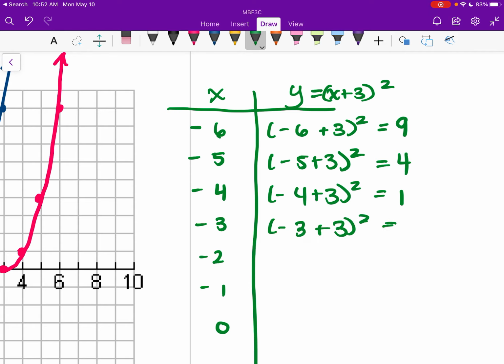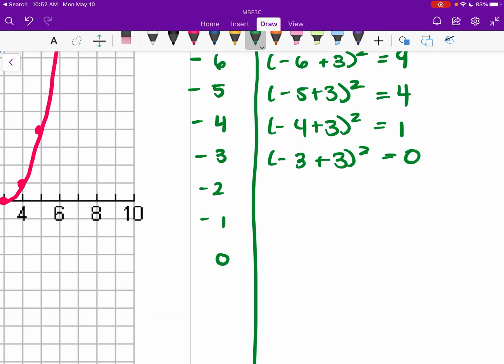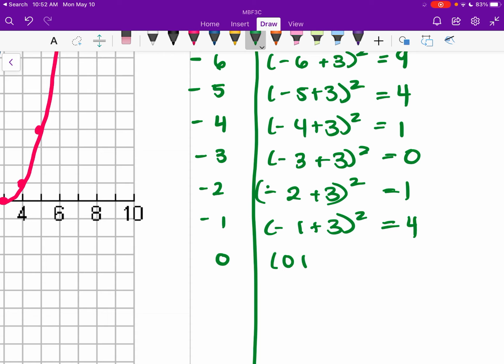Squared is equal to 0. -2 plus 3 is positive 1. Squared is 1. -1 plus 3 is 2, squared is 4, and then 0 plus 3 is 3, squared is 9.